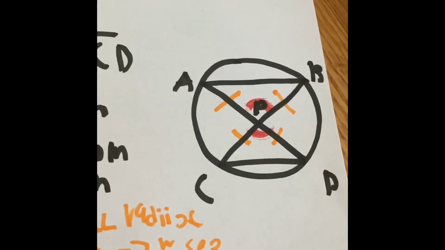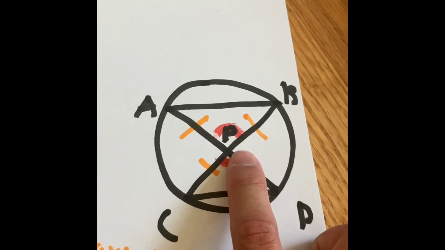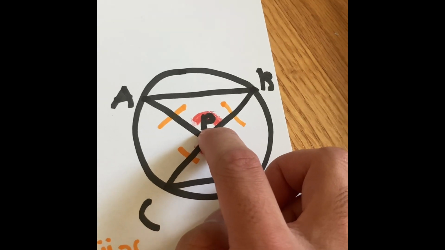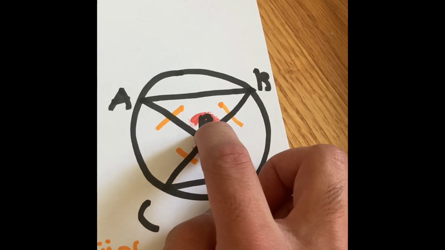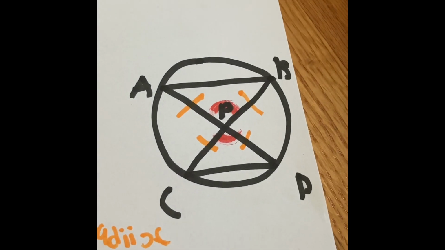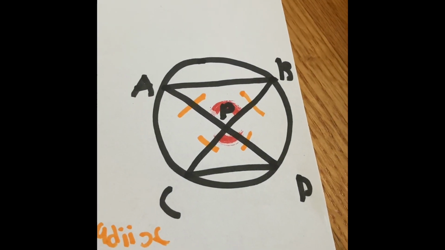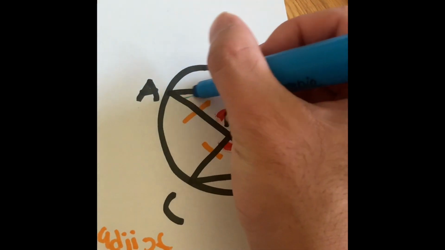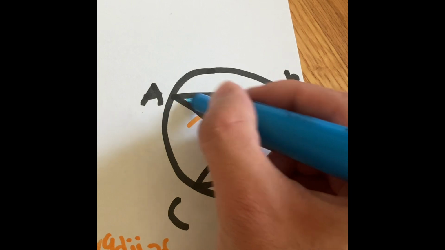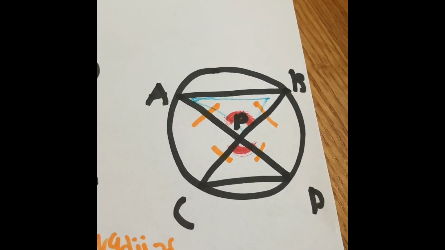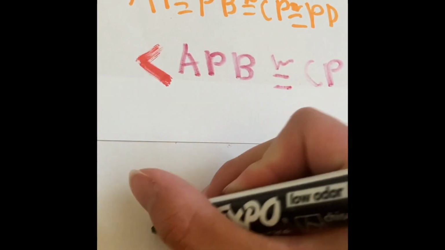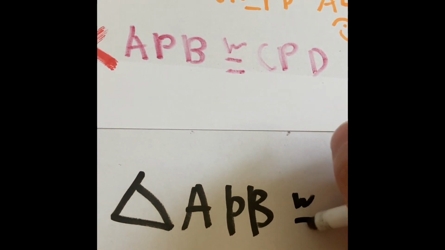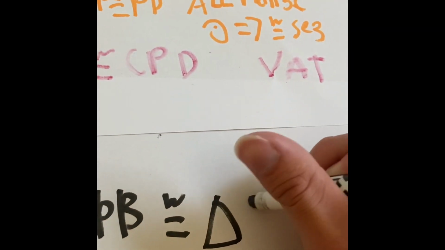So, there is something very fascinating about this picture. We have two segments and one angle. We could also conclude that these two are triangles. And when they're triangles and we have two segments and an angle, from the last video, we can say that triangle APB is going to be congruent with triangle CPD.